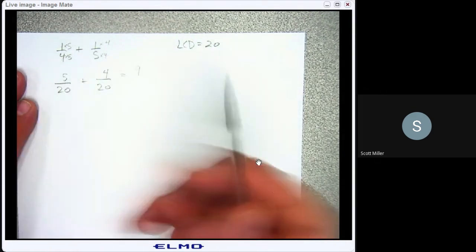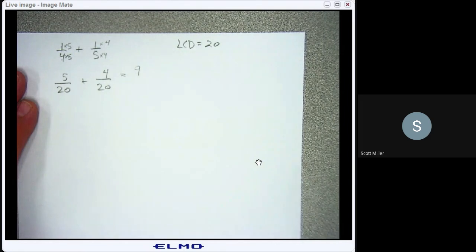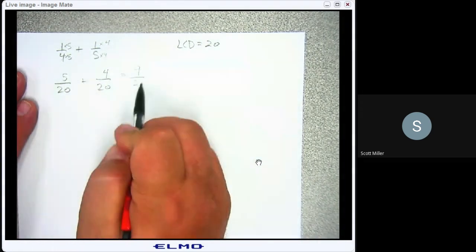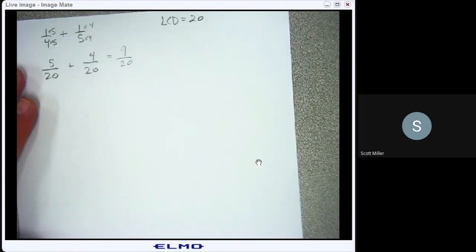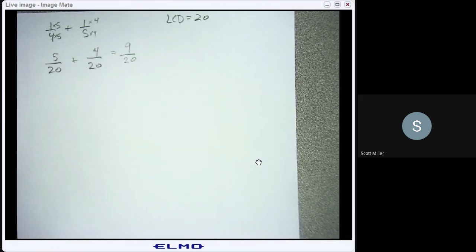Cut all the pieces into 20 slices, right? And I'm going to get 9 of those. And that would be the same. That's how that works. No matter what they are.